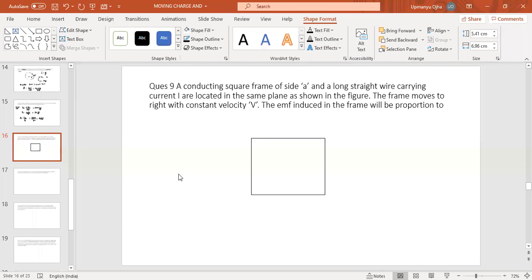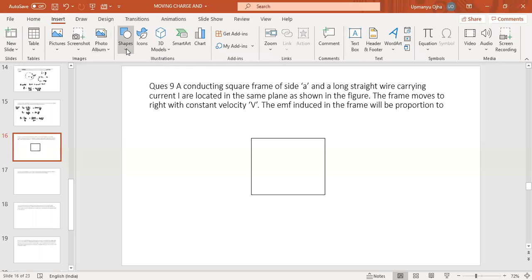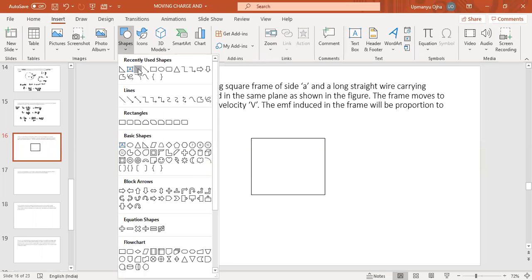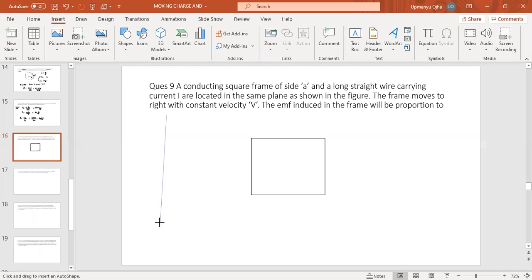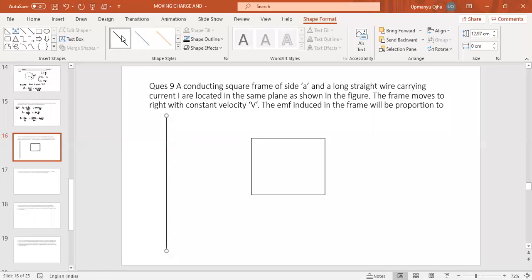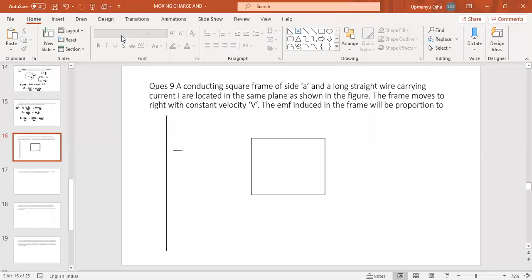Now we have a current carrying wire, with current flowing, say I. The side of the square loop is A. The distance of the current wire from the center of the loop is x.